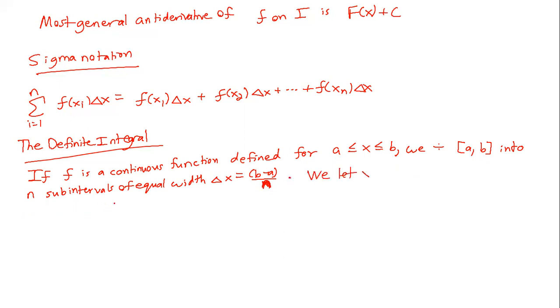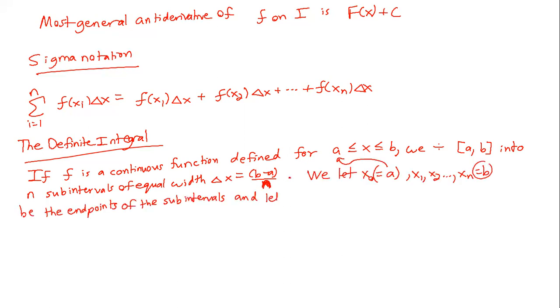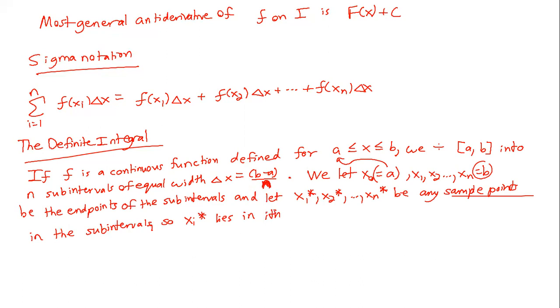We let x0 equal a, so it's going to be the left-hand side of the interval, and we have x1, x2, dot dot dot, to xn, which is going to equal the other side. These are the endpoints of the subintervals.